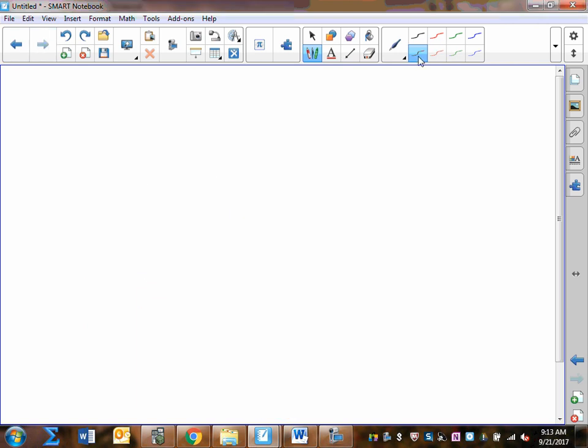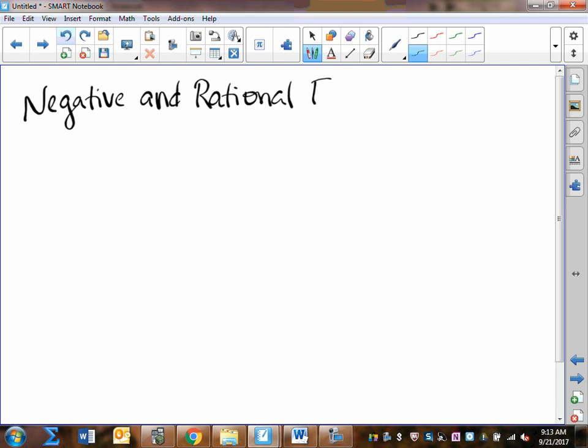Alright, so let's take a look at it with negative and rational exponents. What does that mean, rational exponent? Rational, good, that's back to algebra 2 there. Negative and rational exponents. How do we handle that?